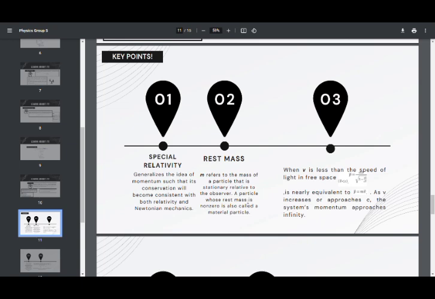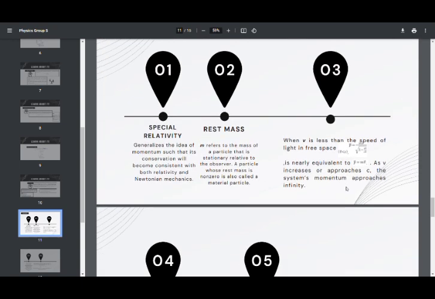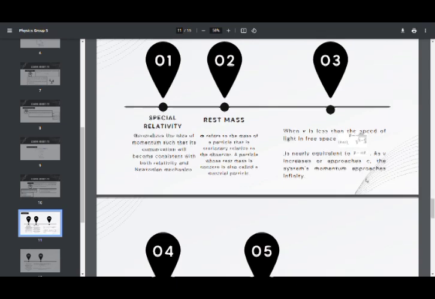A particle whose rest mass is non-zero is also called material particle. As you can see here naman, when v is less than the speed of light in free space, the equation is nearly equivalent to p equals mv. As v approaches the speed of light, the system momentum approaches infinity.